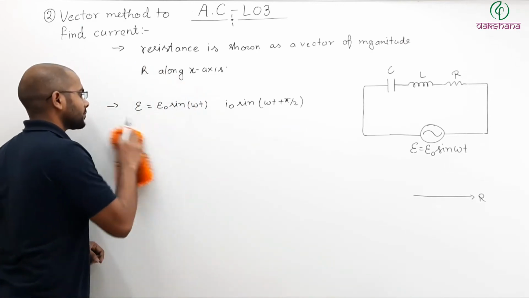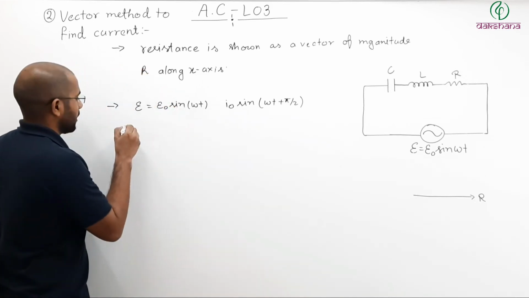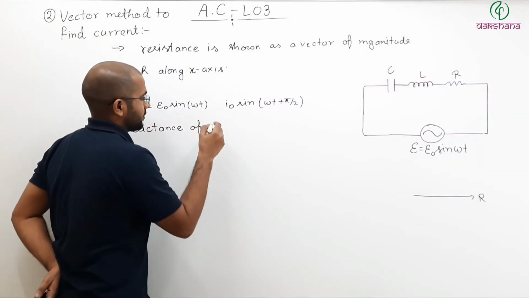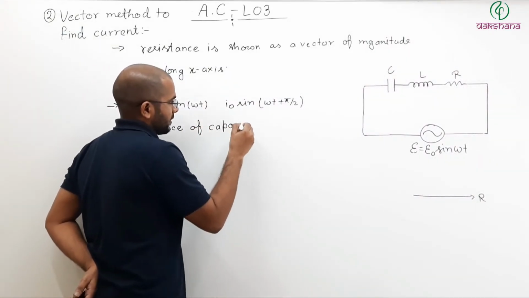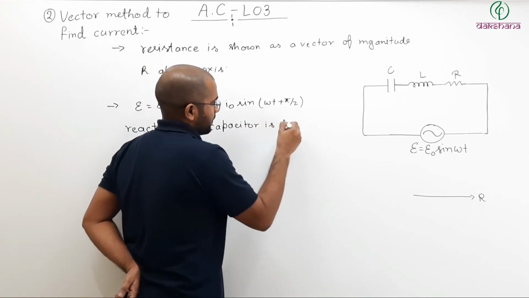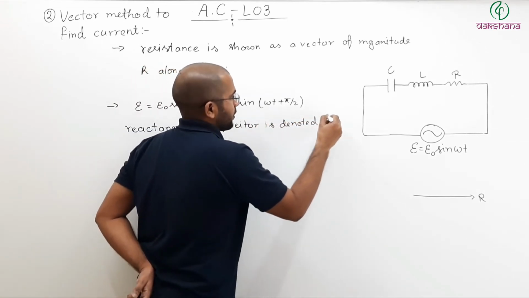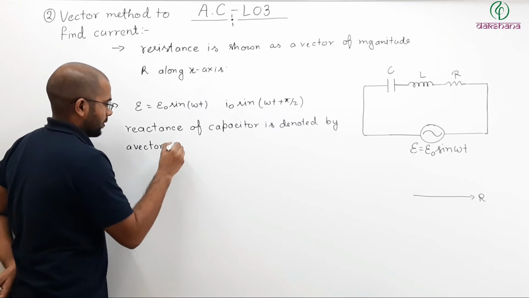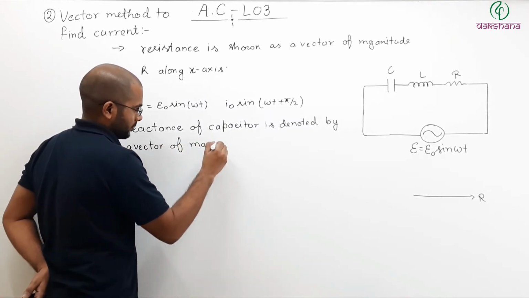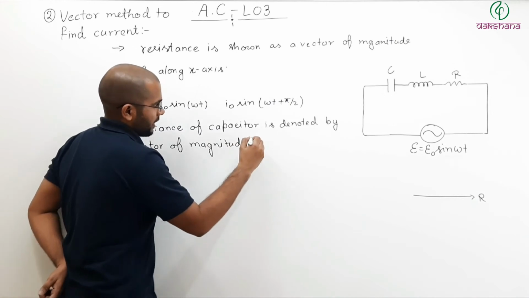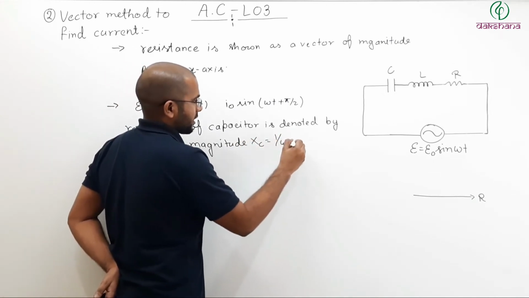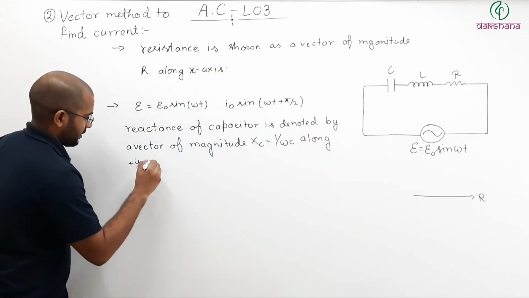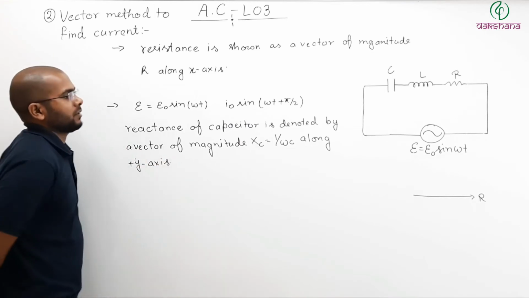So what I will write? Here you can say the reactance of the capacitor is denoted by a vector of magnitude XC equals 1 by omega C along the positive direction of the y-axis.